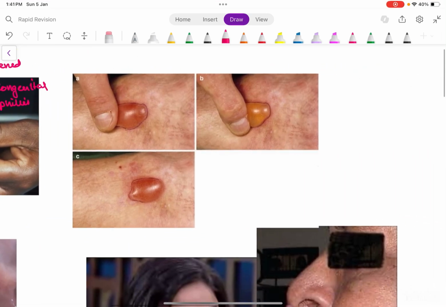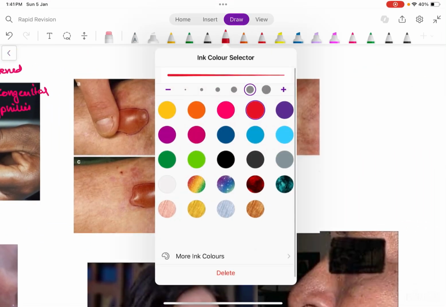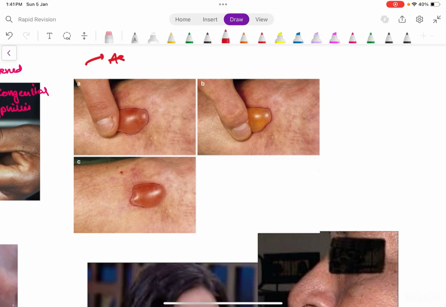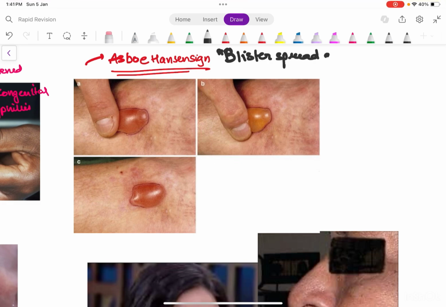Okay, now the next sign is very important. You might know it, it's well and good, but let's just know it again. Asboe-Hansen sign. So this is the blister spread sign.